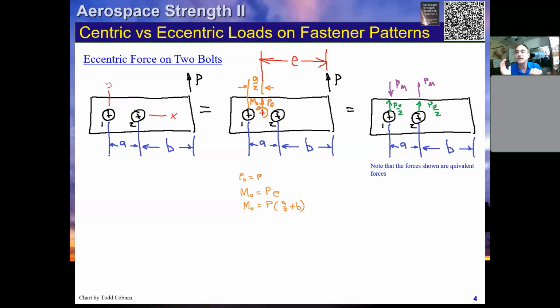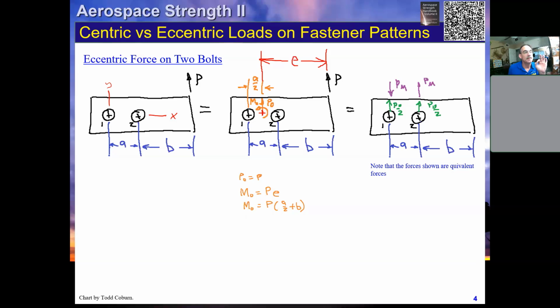That moment is going to be equivalent to a couple, that's the purple ones, it's equivalent to this couple, PM, where PM is just M over A. The reaction is going to be like this. The equivalent force system is like this. So you can see here, we have two forces.